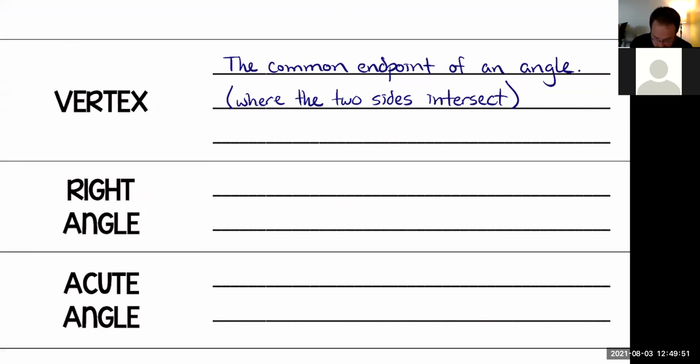Next one we have here, some special types of angles. First one is probably the one that's discussed the most because it's most frequently seen in architecture, and that is a right angle.